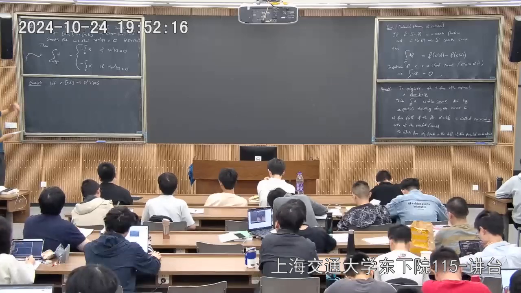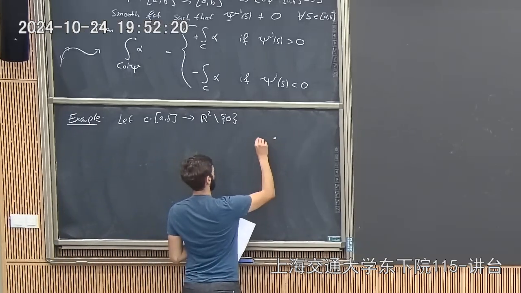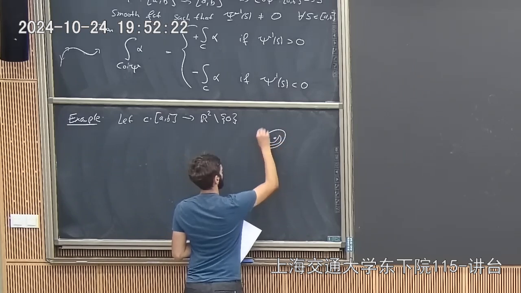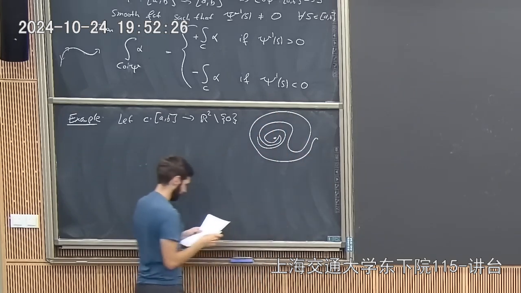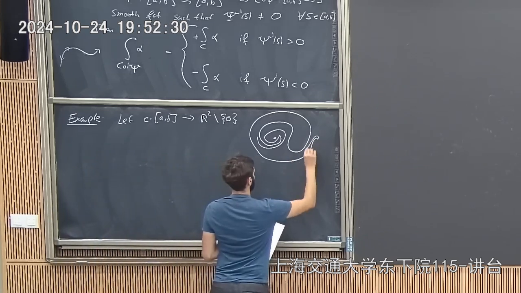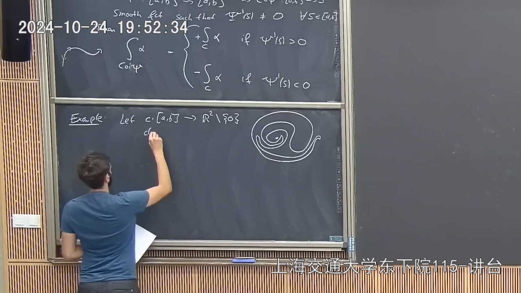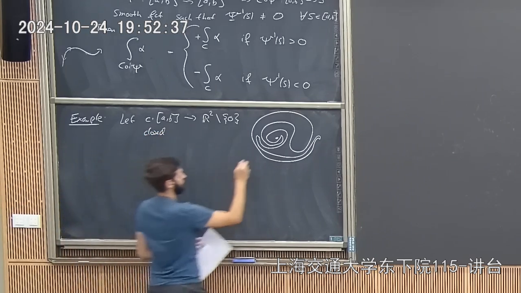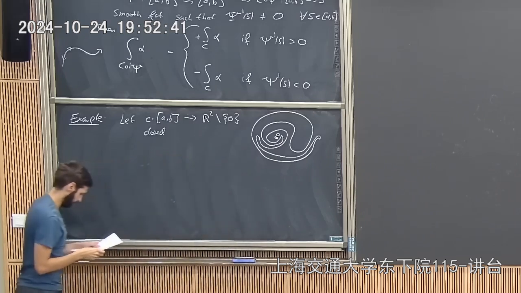So the curve is going around in a complicated way, and we have the origin inside. Something like that, for example. And let's say this curve is closed, and it's never hitting the origin. That's the important point.